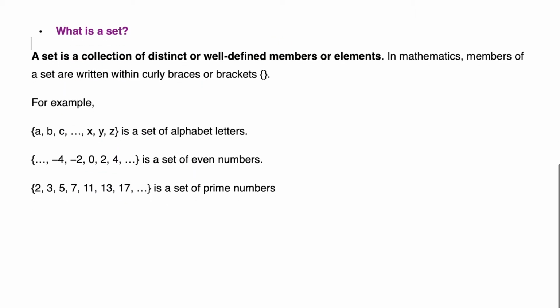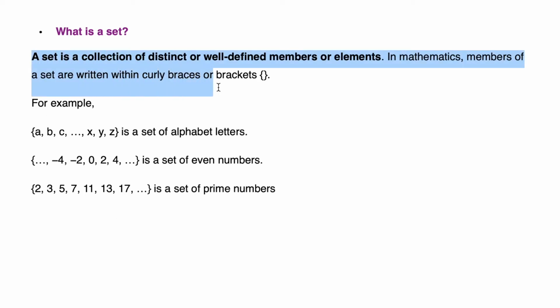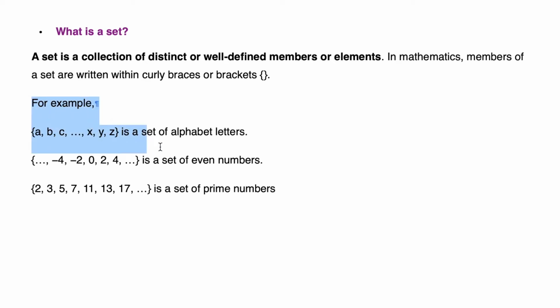A set is a collection of distinct or well-defined numbers or elements. In mathematics, the numbers of a set are written in curly braces. Now we see some examples which are defined as a set. A, B, C to X, Y, Z is one set, and the set of even numbers is one set.